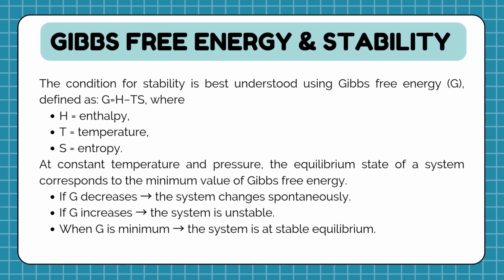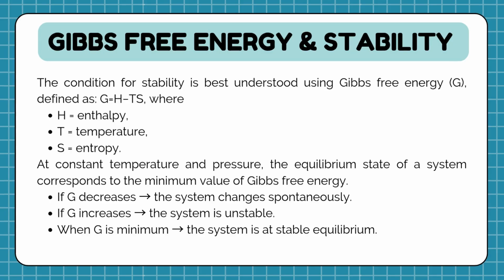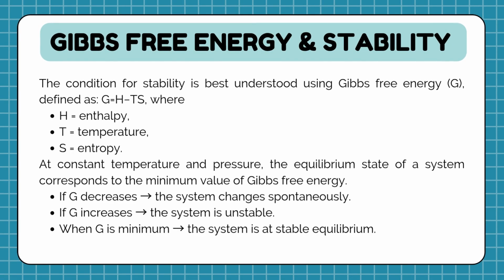Now, we will look into the condition for stability, which is best understood by using the Gibbs free energy equation, which is defined as G = H - TS, where H is enthalpy, T is temperature and S is entropy.